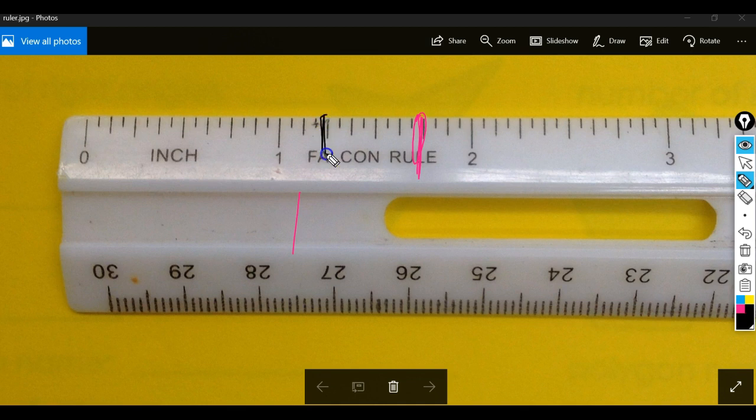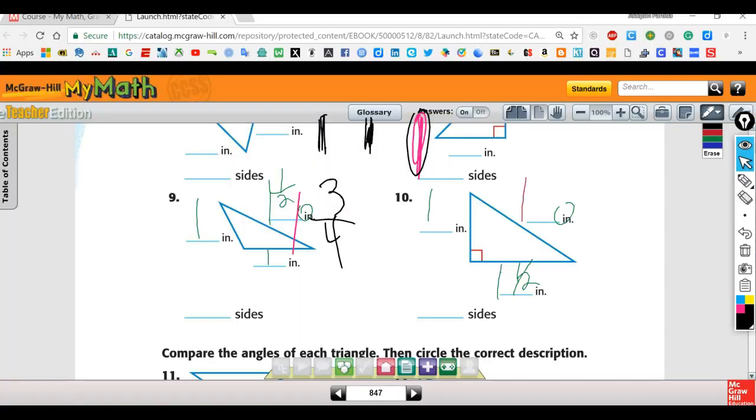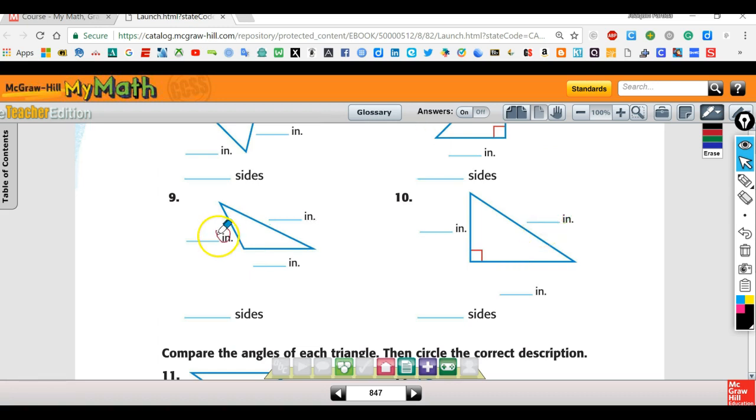Okay, 1, and it's past the 1/2, but before 2. So this is 1/4, 2/4. So then what would be this? 1/4, 2/4, 3/4. Yes. So then my answer to this one is going to be 1 3/4. This side, I have 3/4.